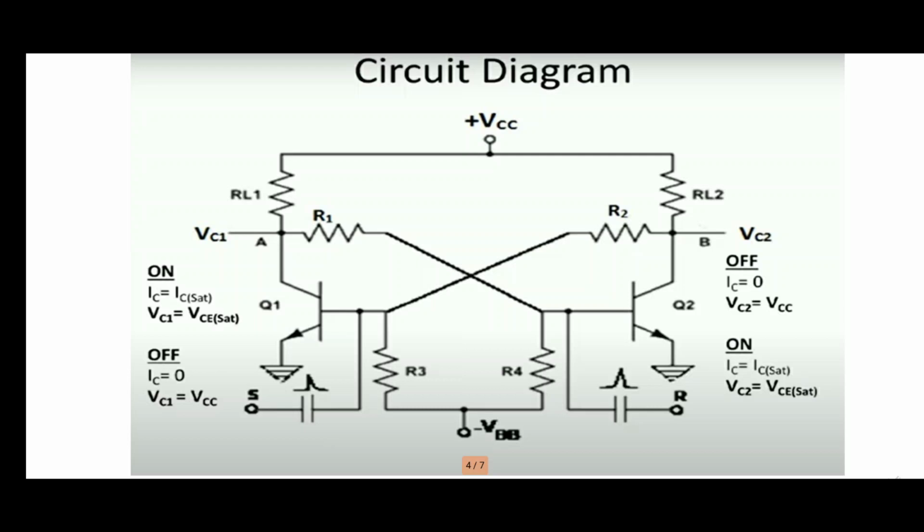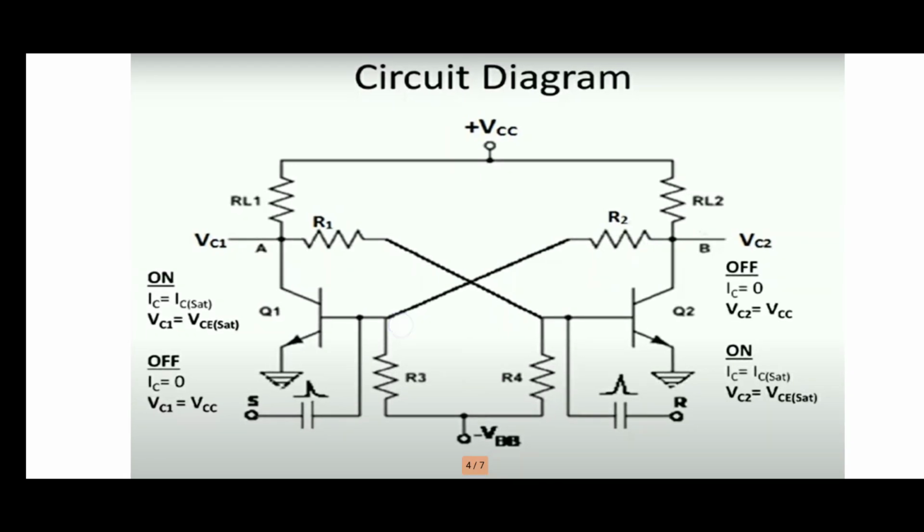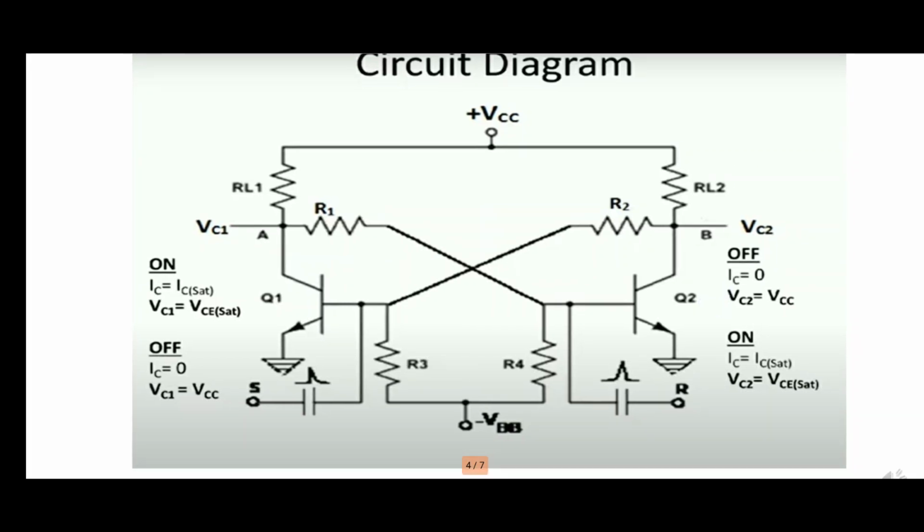You can see the collector of Q1 is given to the base of Q2 through the resistor R1, and the collector of Q2 is given to the base of Q1 through the R2 resistor. RL1 is the load resistor of Q1, also called RC, and RL2 is the load resistance of Q2, also called the collector resistance RC.